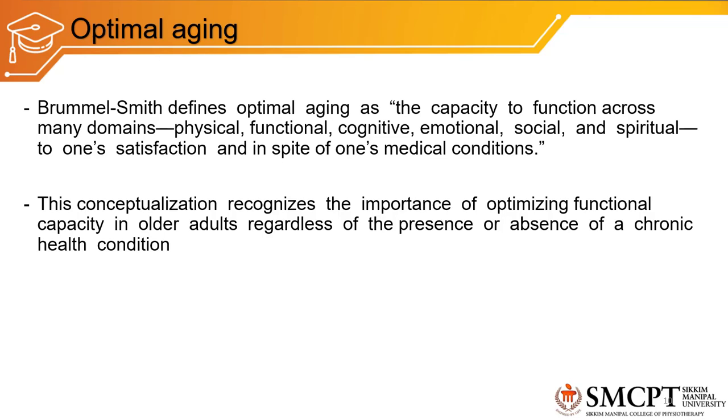Brummel-Smith defines optimal aging as the capacity to function across many domains of life, that is physical, functional, cognitive, emotional, social, and spiritual, to one's satisfaction in spite of having medical conditions. This conceptualization recognizes the importance of optimal functional capacity of older adults regardless of the presence or absence of chronic health conditions.